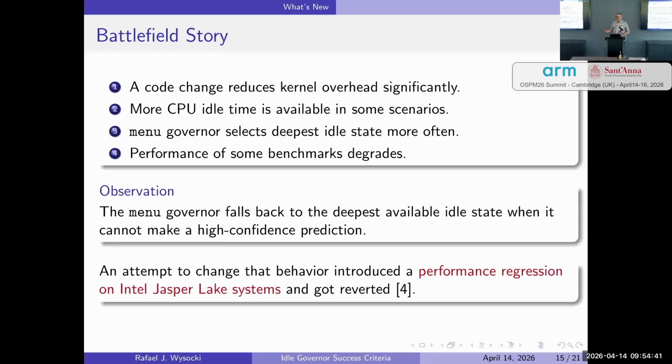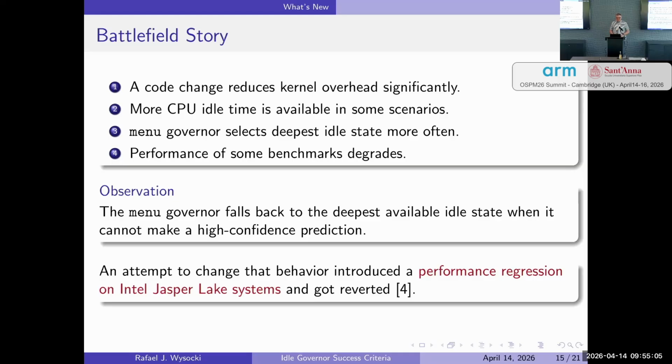So something unrelated to running threads, just pure kernel overhead, or RCU or similar. I don't remember exactly where the improvement was, but the net result was that CPUs could spend more time in idle overall.